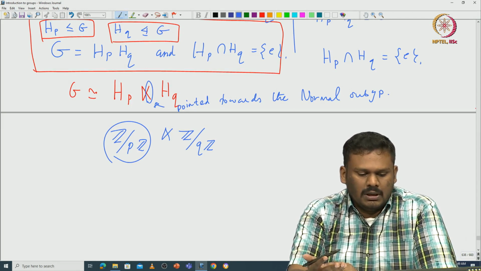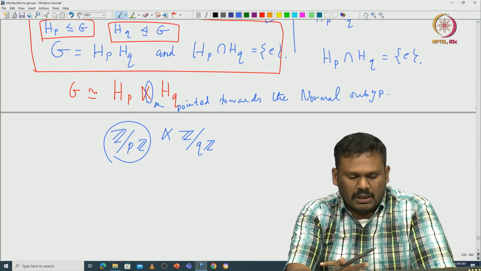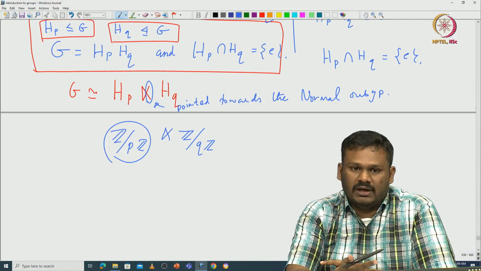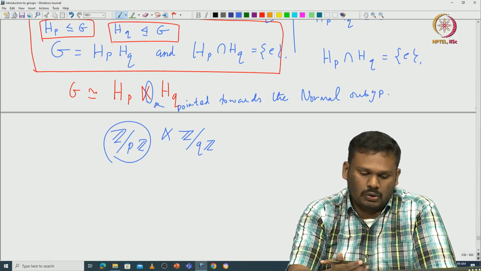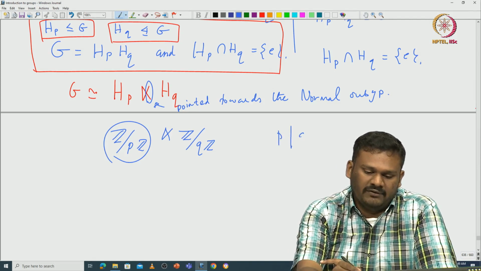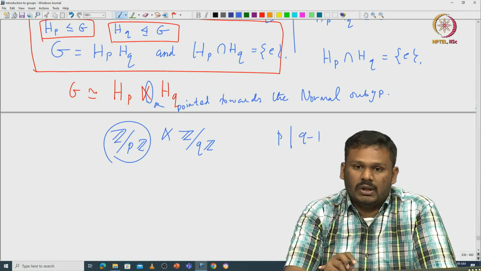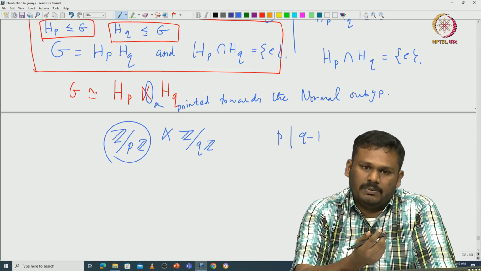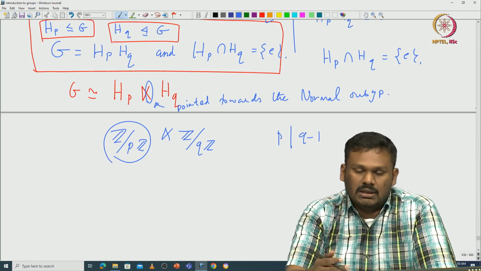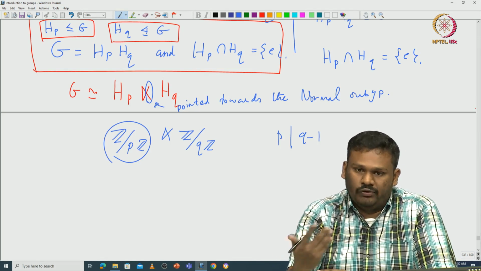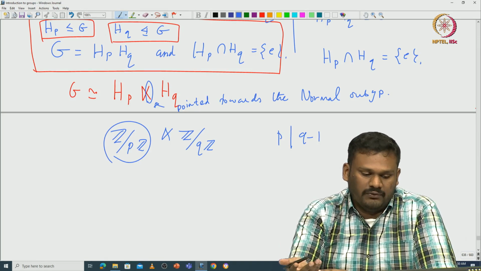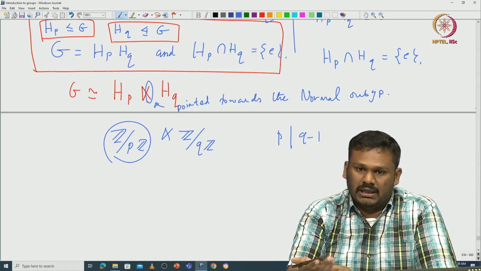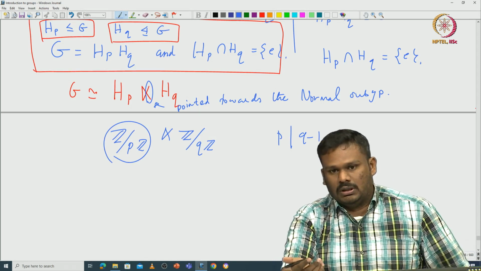But in this case, for Z modulo PZ and Z modulo QZ such that P divides Q minus 1, you can prove that it does not matter how Z mod PZ acts on Z mod QZ. All the semi direct products will be isomorphic, and that is what you get for this particular order PQ.